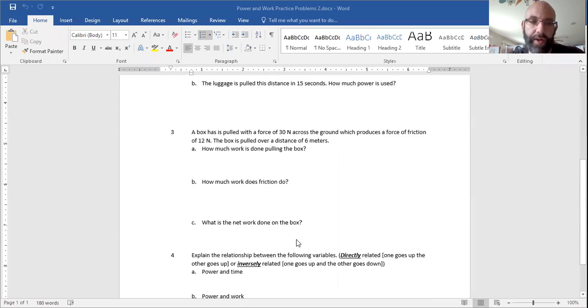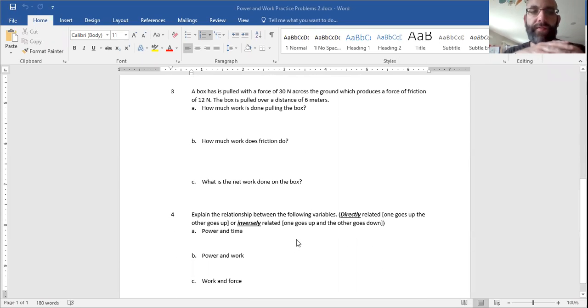All right, on to 3. A box is pulled with a force of 30 newtons across the ground, which produces a force of friction of 12 newtons. And we pull the box 6 meters. How much work is done on the box, how much work does friction do, and then the net work. They're going to start off both the same way. We use work equals force times distance.